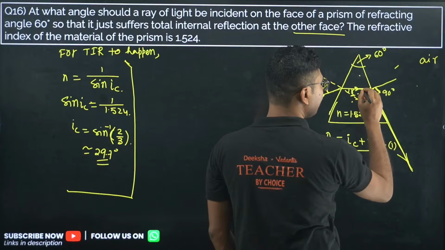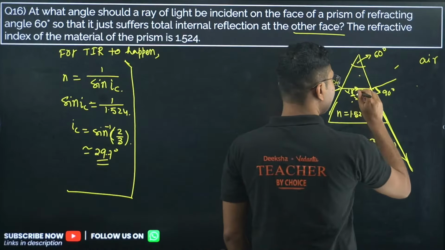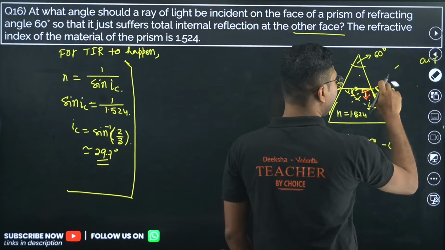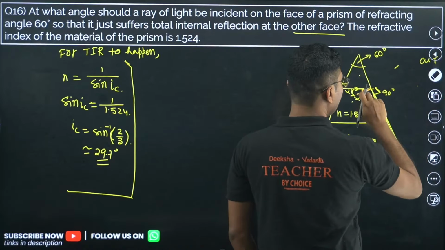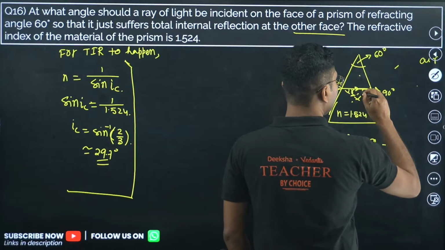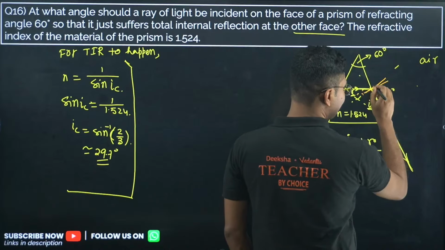This is the normal drawn, okay. All the angles are always measured from the normal. That means this angle is 90 degrees, this angle is 90 degrees, and this is the critical angle between these two surfaces.